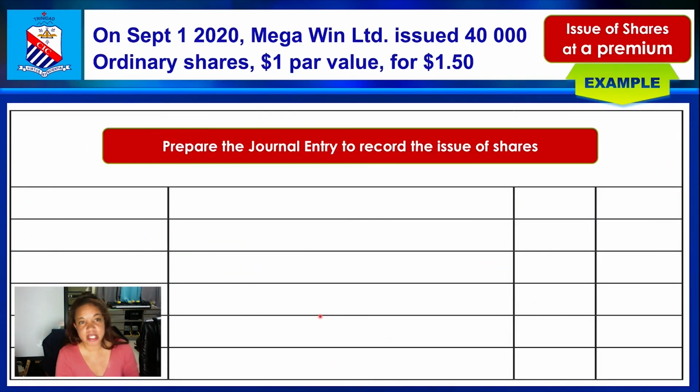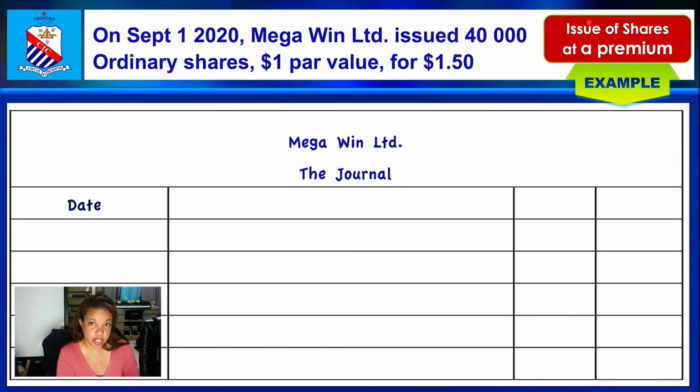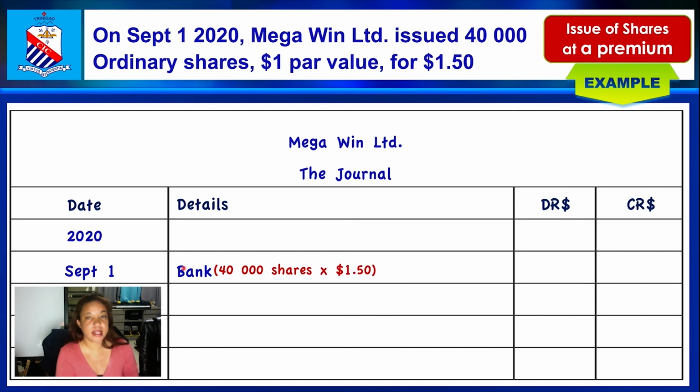On September 1st, 2020, Mega Win Limited issued 40,000 ordinary shares, $1 par value. They issued it at $1.50. So once again, you're seeing 2 different values, which means on September 1st, you do the same thing. Bank, open brackets, working, number of shares by how much you sold it at.